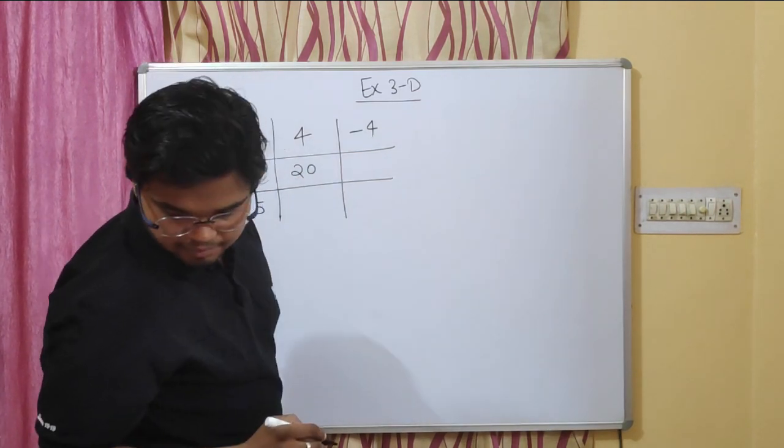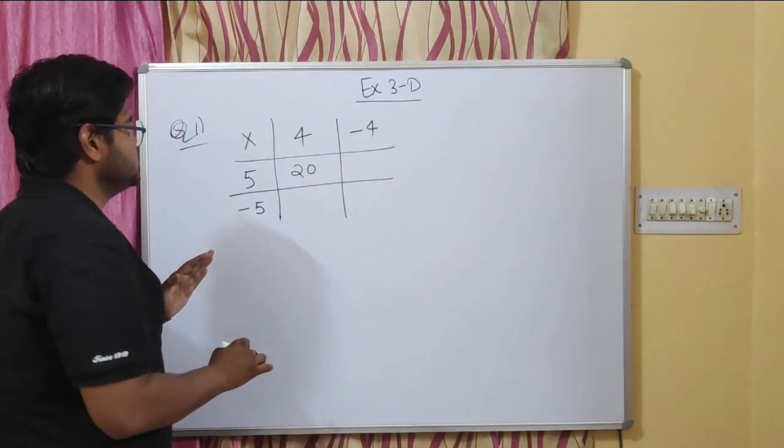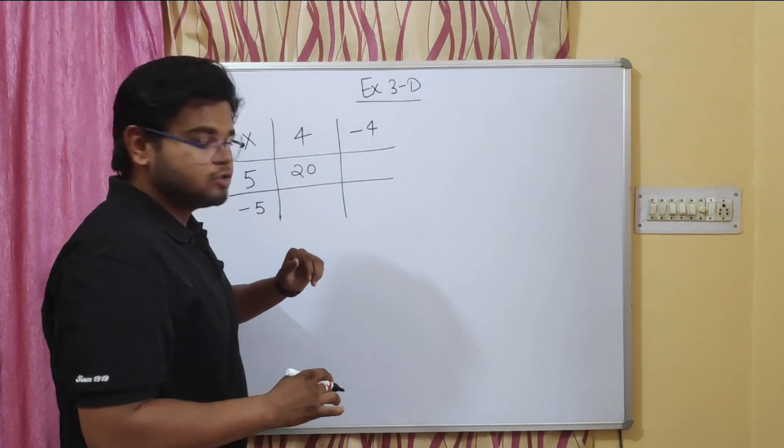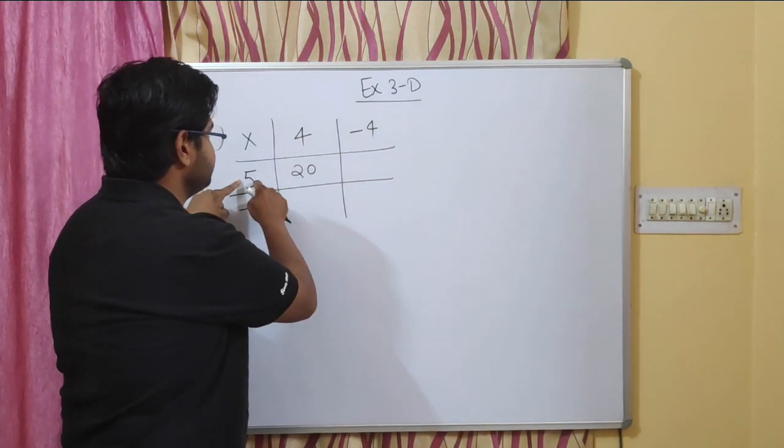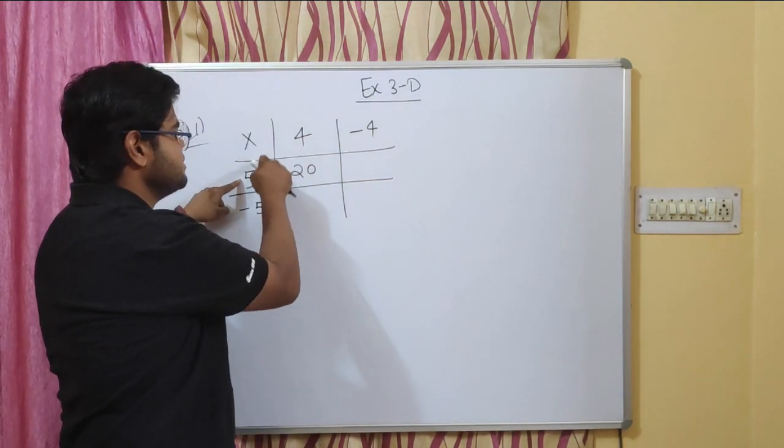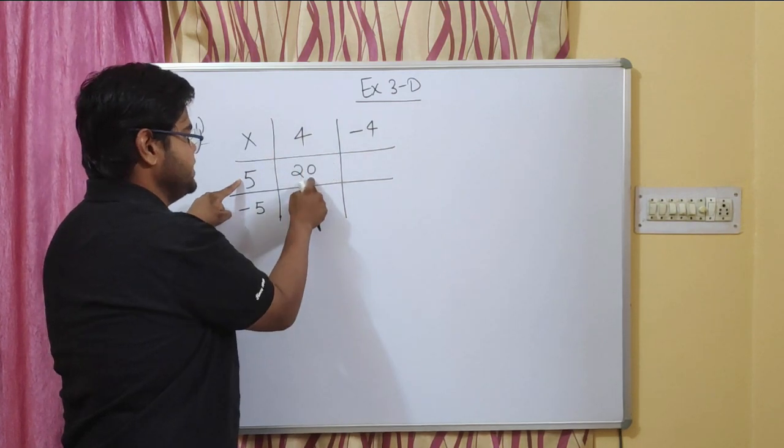Children, in this question, you need to complete the multiplication of the integers. So 5, this multiplication sign is there. 5 into 4 is 20.